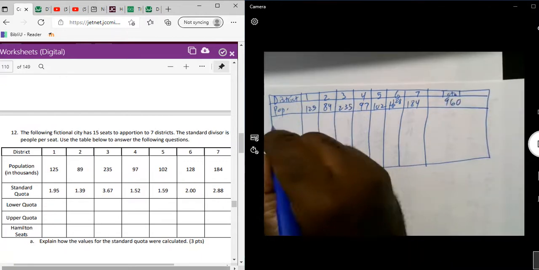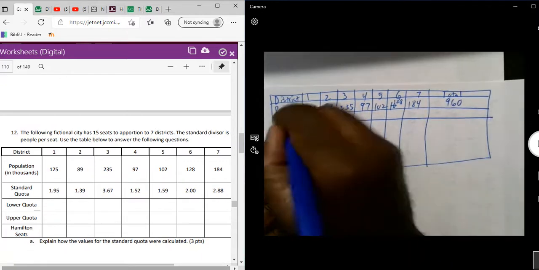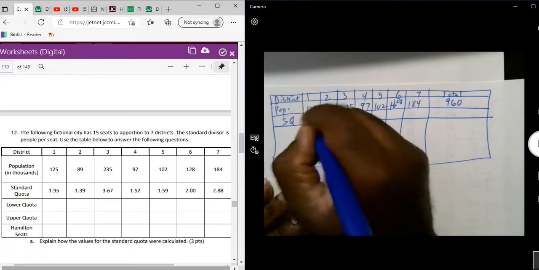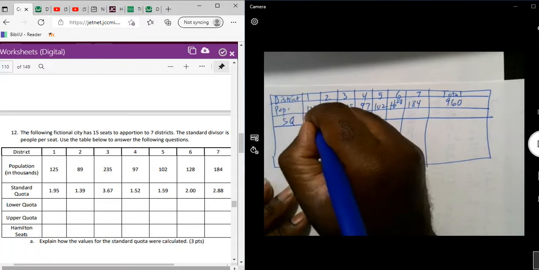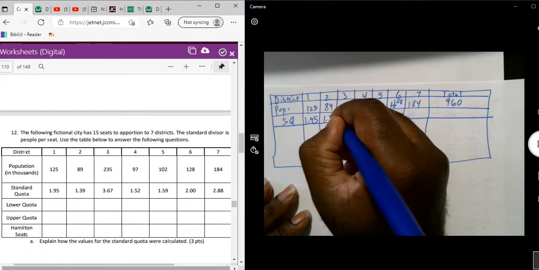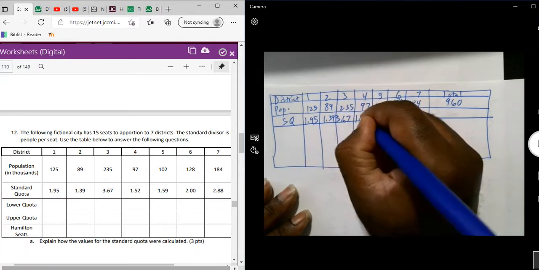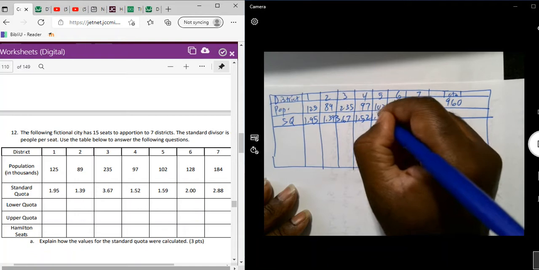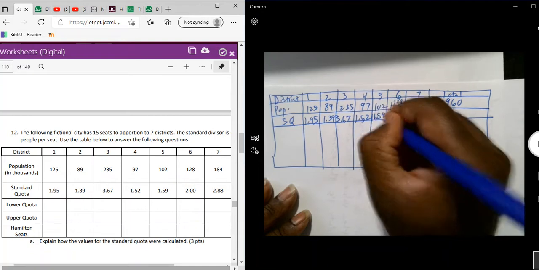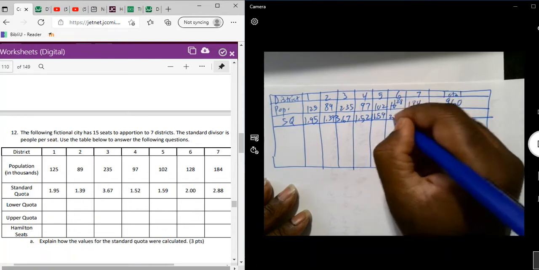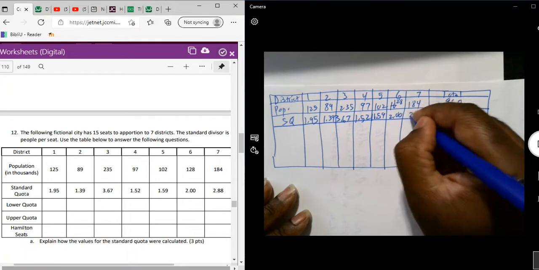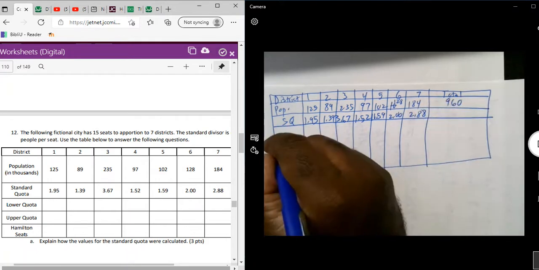So we have the standard quota: 1.95, 1.39, 3.67, 1.52, 1.59, 2.00, 2.88.